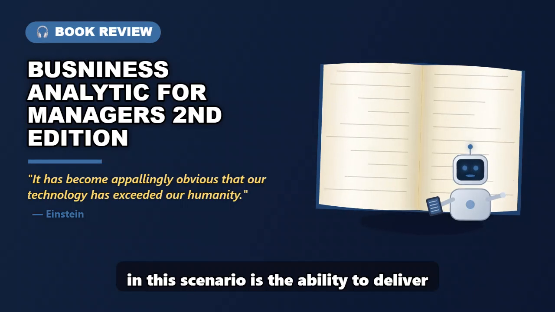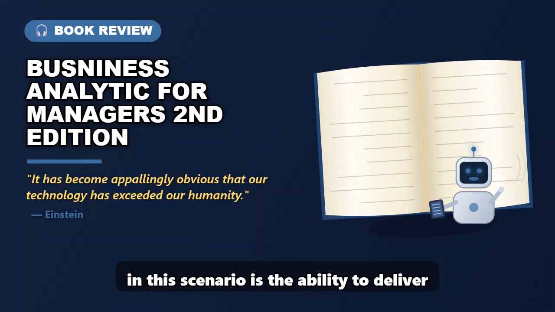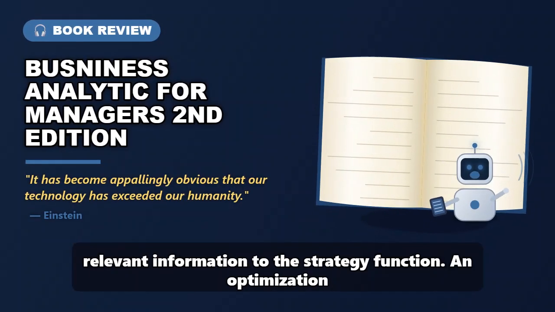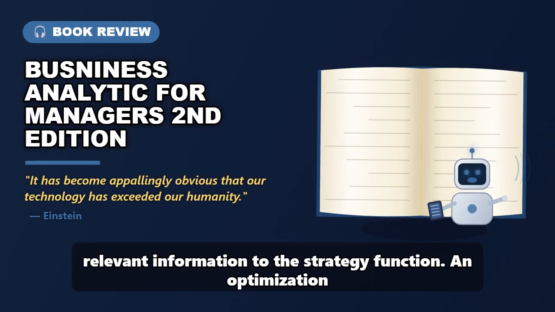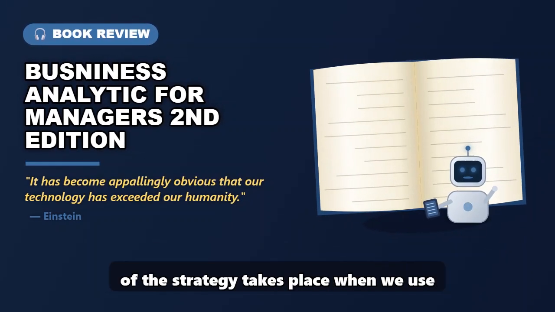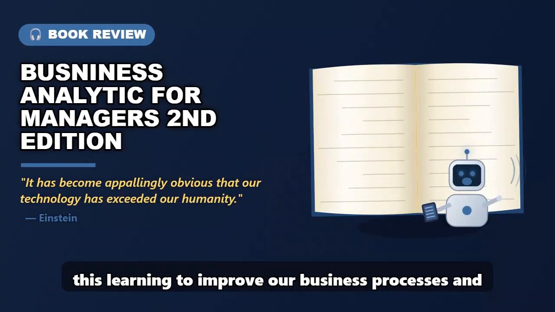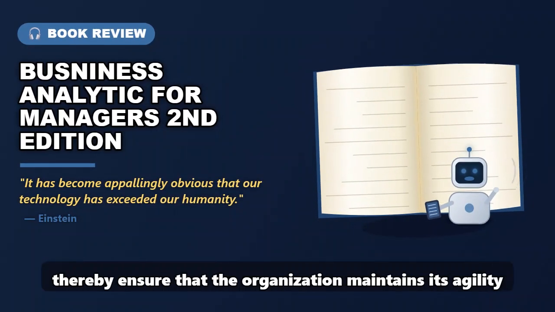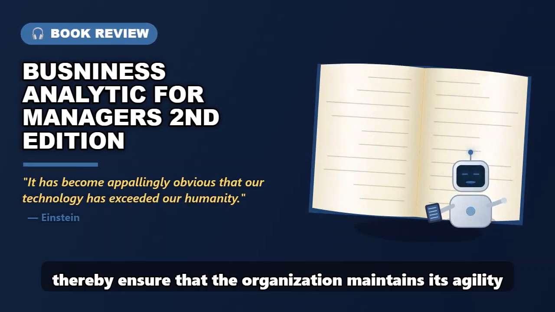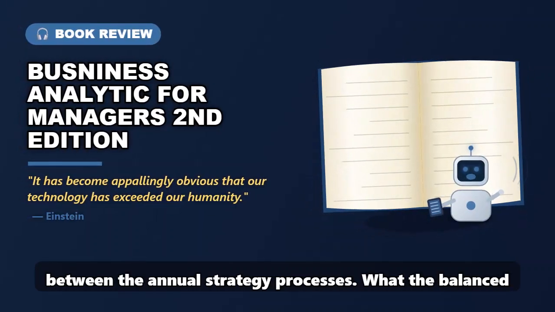Quality for the BA function in this scenario is the ability to deliver relevant information to the strategy function. An optimization of the strategy takes place when we use this learning to improve our business processes and thereby ensure that the organization maintains its agility between the annual strategy processes.